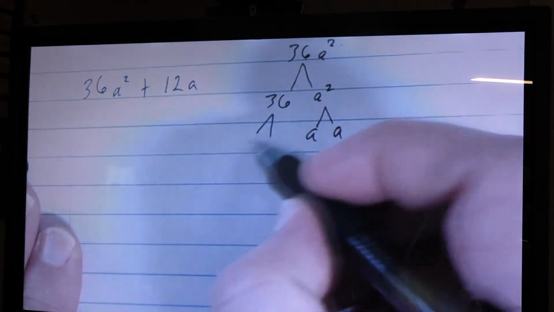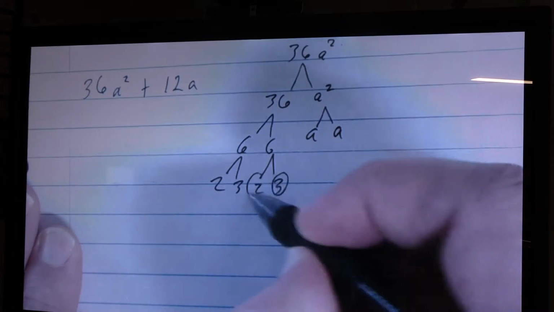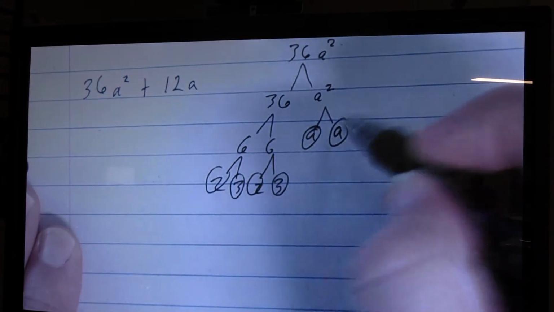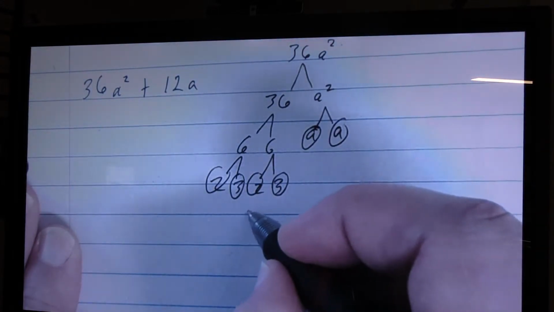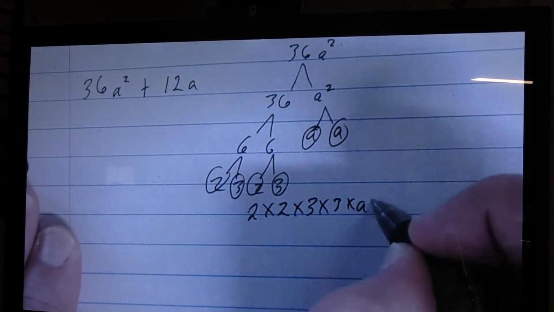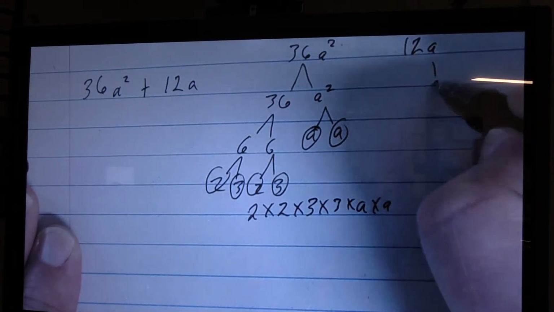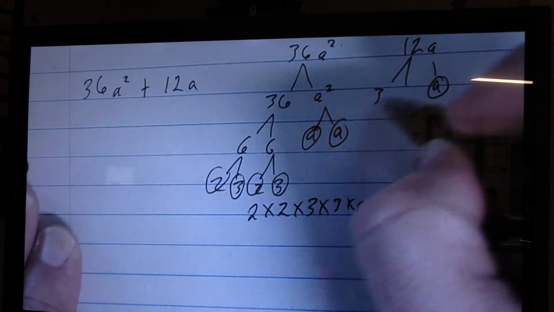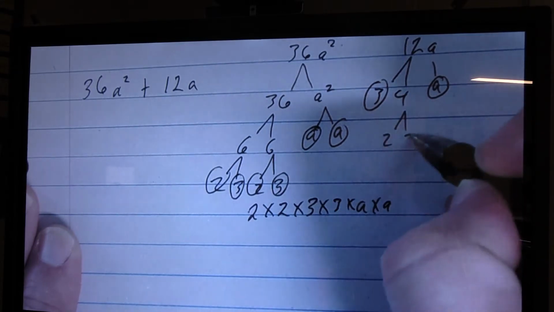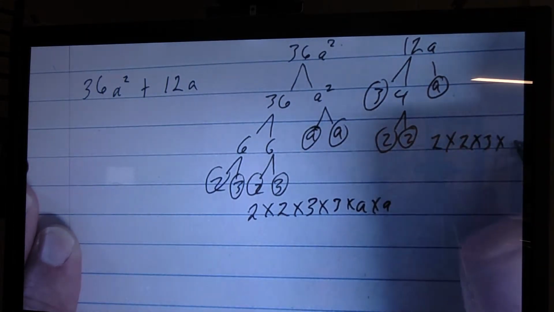And here, this would be 6 times 6, 2 times 3, 2 times 3. That would give me 2 times 2 times 3 times 3 times a times a. And then I could have 12a here, and that would just give me a. And that would give me 3 times 4, and 2 times 2. And that would be 2 times 2 times 3 times a.